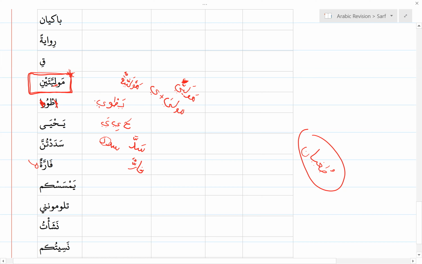When you see a word that is missing something in the mudari', like you have two letters, most likely it's either ajwaf or naqis. This one already has two letters, so it means the last letter is naqis. Is it tawa yatwi or yatwu? You could be right. I need to confirm. Yatwi, it is good.